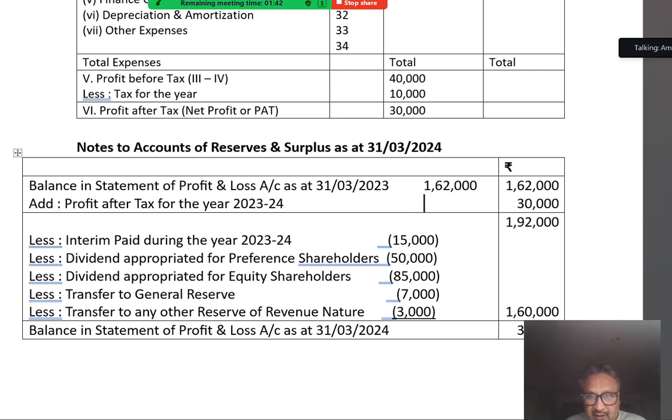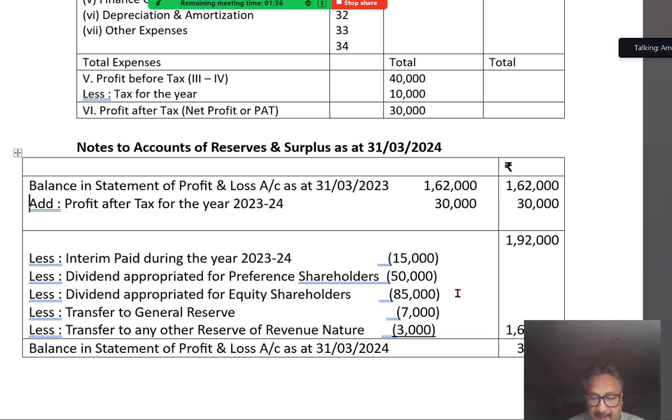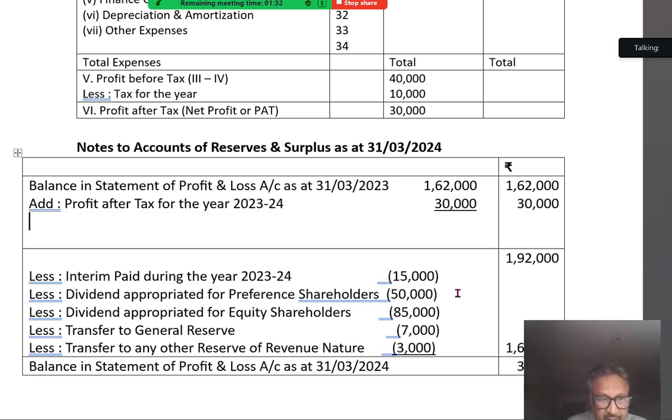So I show you actually the notes to accounts of reserve and surplus. That is why I'm changing it a little bit. There won't be any changes in the calculation.